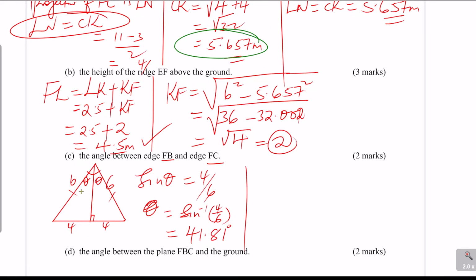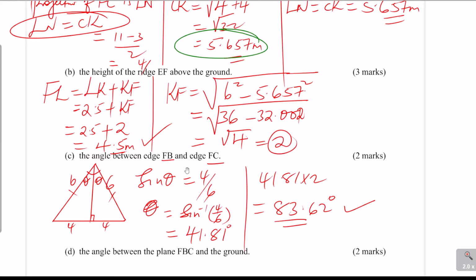That is just one angle, because there are two and they are equal. To get the whole of that angle, you simply multiply by 2. 41.81 times 2 will give 83.62 degrees. So that is how we work out that part.